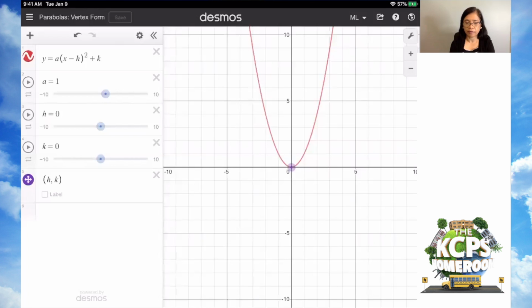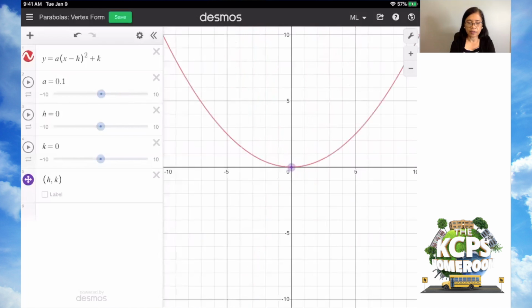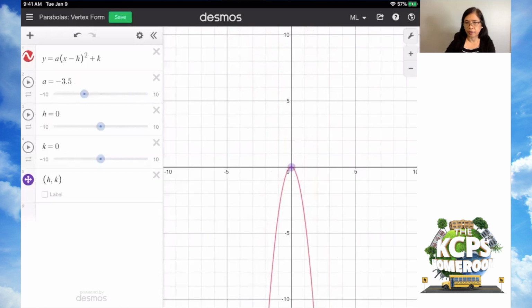But if we change the value of a, it widens or narrows. If you make it bigger towards 10, then going back, it becomes smaller and smaller until, when it's negative, it now reflects downwards. Notice the graph here, the value of a is -3.5. It's negative, so it's downwards.